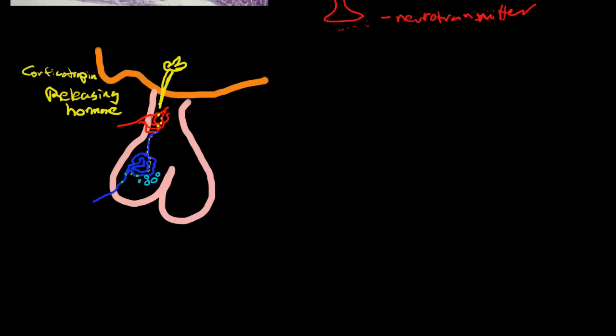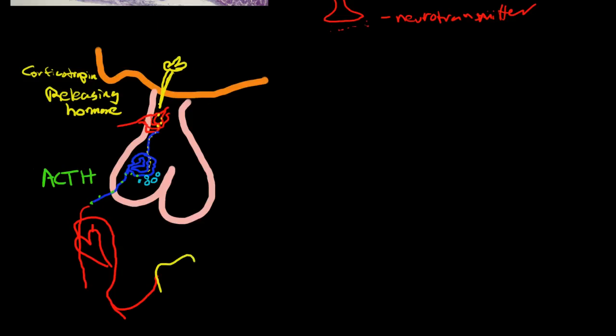So it's going to release ACTH, and then ACTH is going to float through the bloodstream, move down into the heart and out through the aorta, and work its way up the adrenal artery to the adrenal gland and into the zona fasciculata.